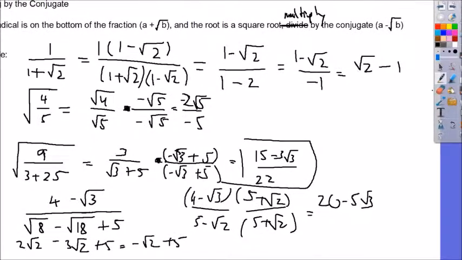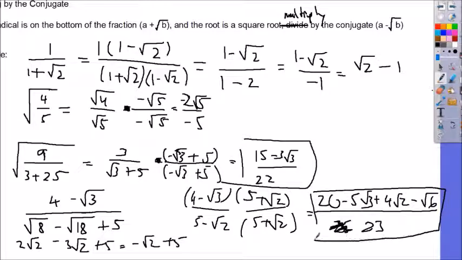I don't even know if it's gonna fit. 4 times the square root of 2 is 4 square root of 2, and then negative square root of 3 times square root of 2 is minus square root of 6. All over 5 times 5 is 25, and then minus the square root of 2 plus the square root of 2 is minus 2. So 25 minus 2 is 23, and that is your messy fraction, but it's the answer.